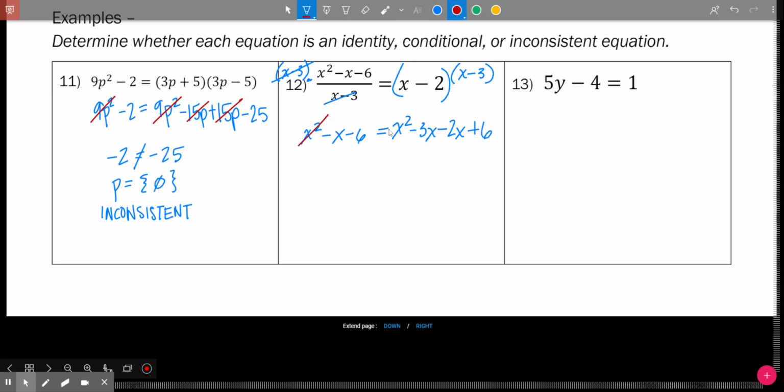So my x squareds are going to cancel, and I'm left with negative x minus 6 equals negative 5x plus 6. When I add my 5x over, this is 4x minus 6 equals 6. And I add 6 to both sides, so 4x equals 12, and x is equal to 3. Anytime you end up with exactly one answer, that's called a conditional equation.